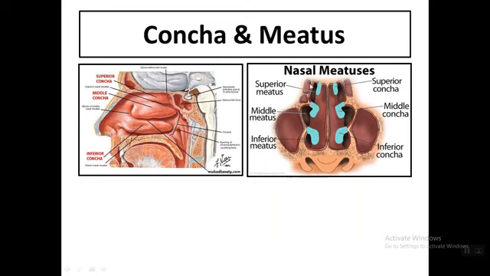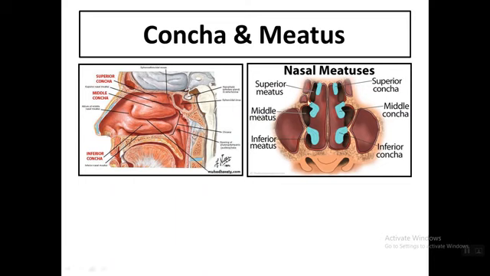So we have a superior concha, middle concha, and inferior concha. And below each one we have a meatus or opening: superior meatus, middle meatus, and inferior meatus. The superior meatus will receive the opening of the posterior ethmoid air sinus.